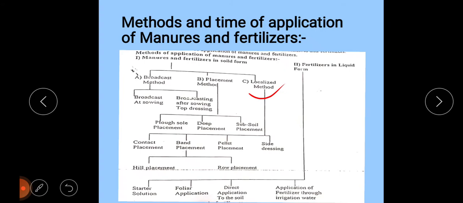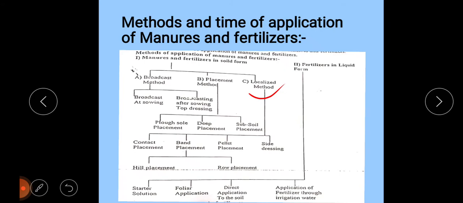Then foliar spray: when drought conditions are observed and we can't apply irrigation water and fertilizer, at that time we can spray DAP or water soluble nitrogen as a 1 or 2 to 3% solution of different fertilizers, and we can easily spray it on the foliage of different crops.